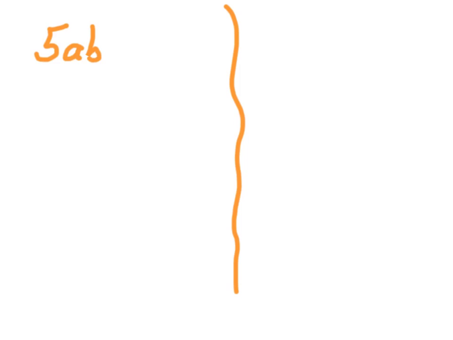Let me think of one here that might be fun. Fun, right? That's relative. We'll actually do two. The first one I want you to do is going to be take 5ab plus 10b, and I would like you to factor out.